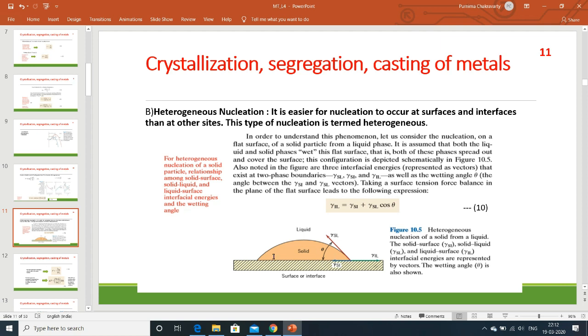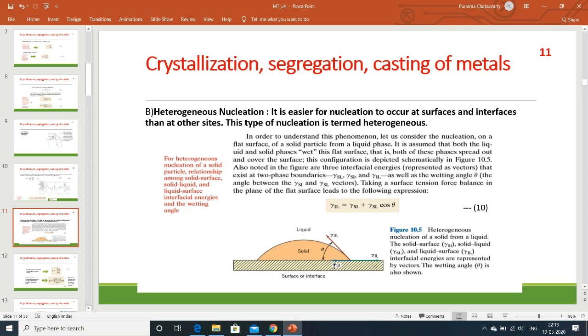And when I consider the situation, a couple of different forces, or interfacial forces, will come into play. The first kind of force, I'm considering as the solid surface force, which is given by gamma SI.